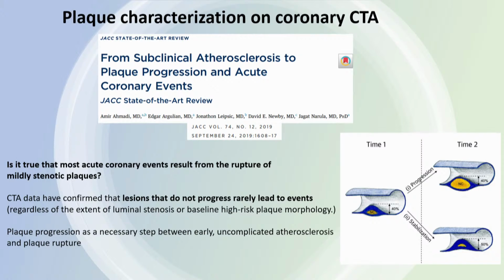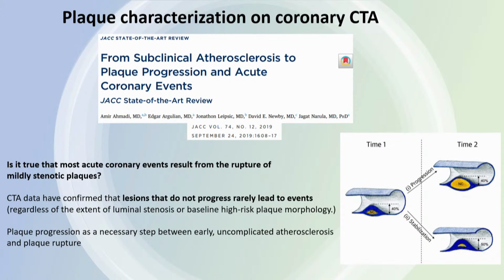So, based on the study I just showed you and other CT data, we know that plaque progression is a necessary step between early subclinical atherosclerosis and eventual plaque rupture. The plaques may be growing outwards initially, positive remodeling, but eventually those are the plaques that rupture. So this thinking that very small plaques usually rupture and cause ACS is not entirely correct.